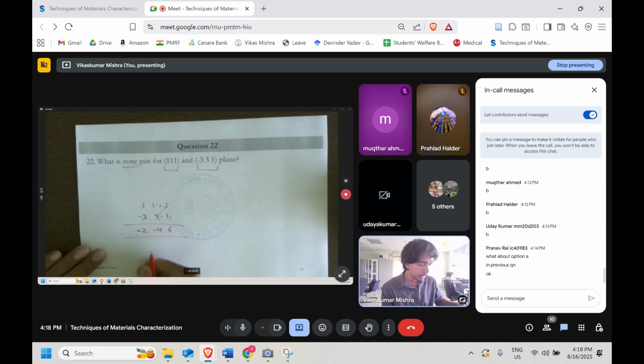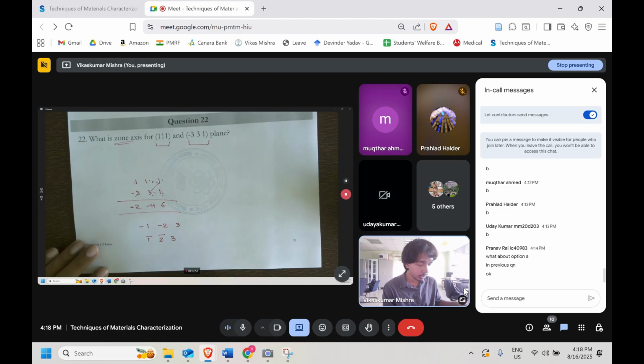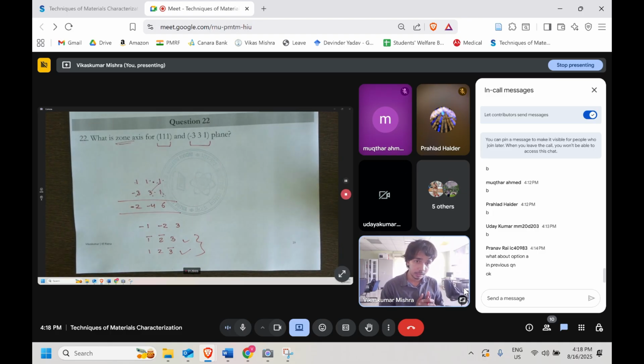Now again you can normalize it. You can say that it is minus 1, minus 2 and 3, so I will write 1 bar, 2 bar, 3 bar. If the question also gives 1, 2 and 3 bar, this is also the correct one. So both are correct. This is how you have to find the zone axis.